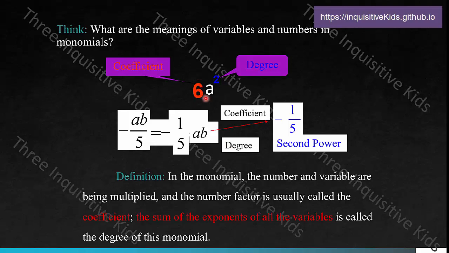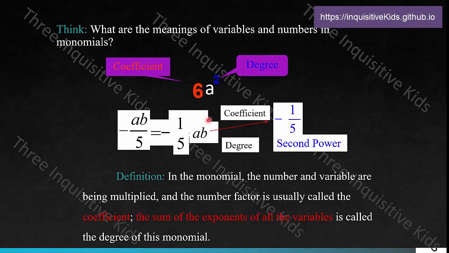First, the number part. What is that called? The coefficient of the monomial. Jot that down. Coefficient is equal to, and then its definition. Next, the degree of the monomial. Degree is equal to the definition of degree. The degree is the sum of all of the exponents in all of the variables in that monomial.